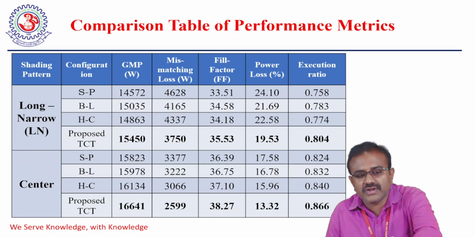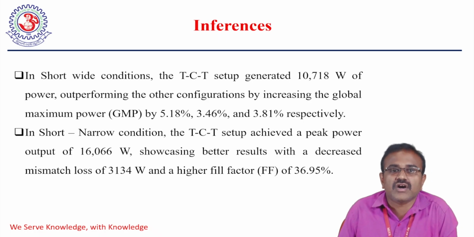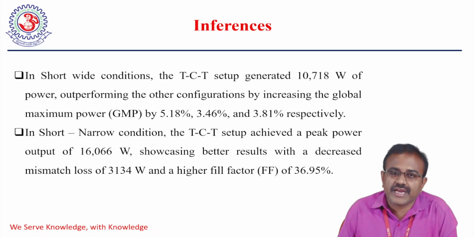And what is the inference we got? In short wide conditions, the TCT setup generated 10,718 watts of power, outperforming the other configurations by increasing the global maximum power by 5.18 percent, 3.46 percent and 3.81 percent respectively.